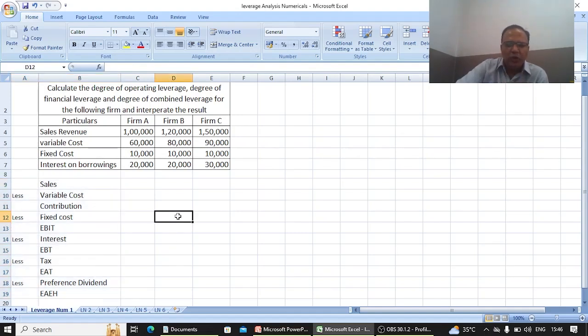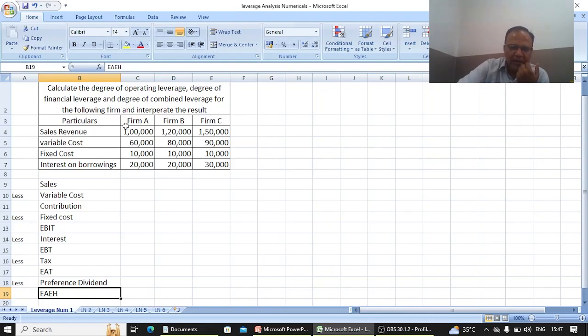Whenever you have to solve the problem of leverages, then you have to write down this format. First of all, sales minus variable cost is equal to contribution, minus fixed cost is equal to EBIT, minus interest is equal to EBT, minus tax is equal to earning after tax, minus preference dividend is equal to earning available to equity holders.